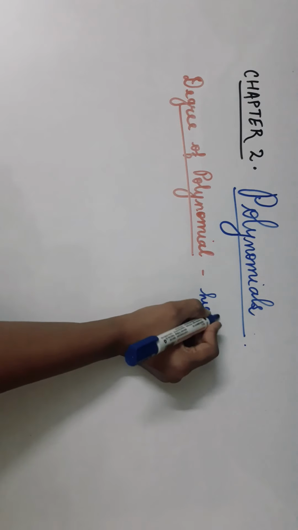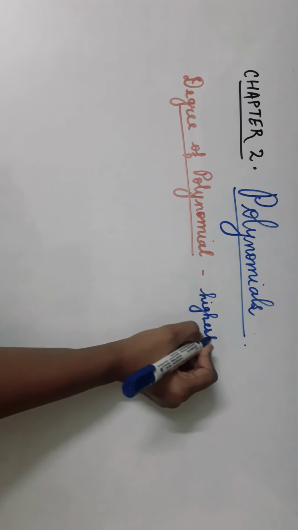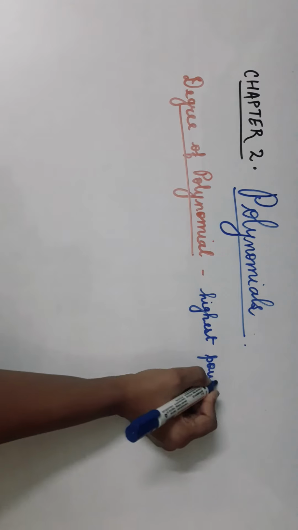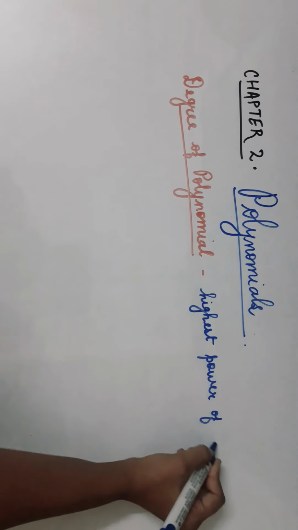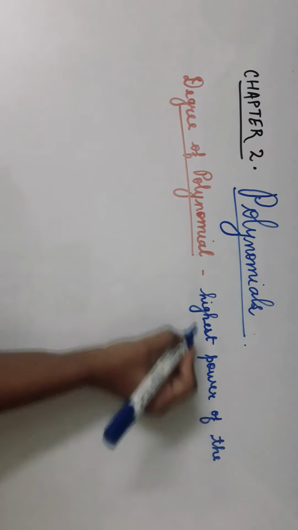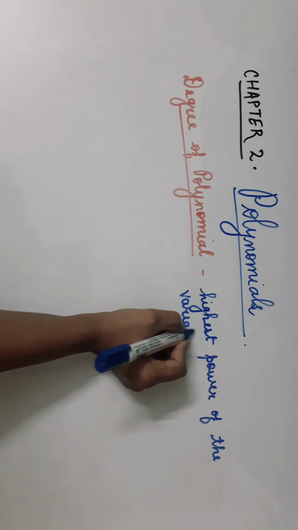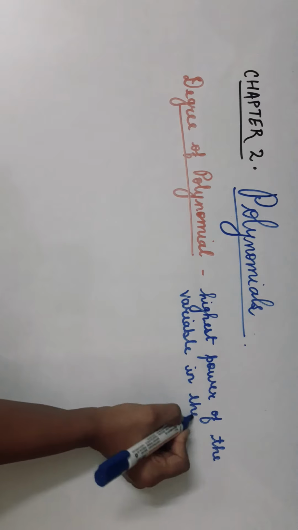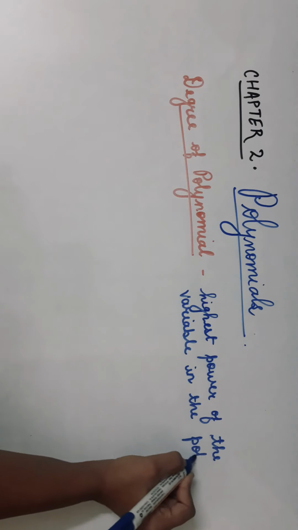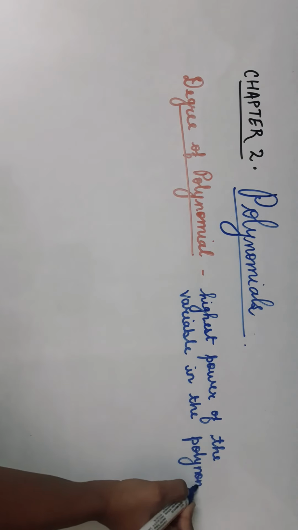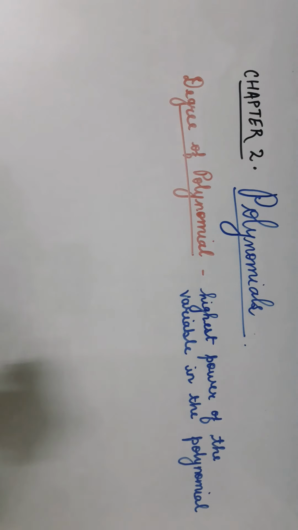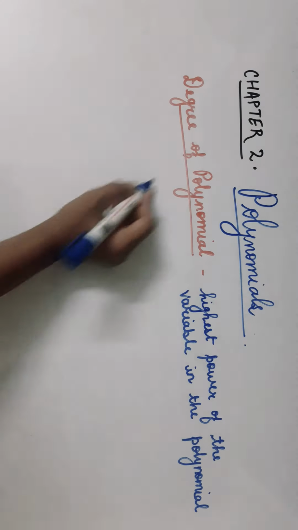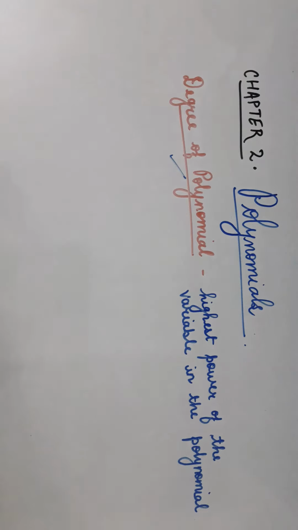Degree of polynomial is nothing but the highest power of the variable in the polynomial. Highest power of the variable in the polynomial is called the degree of that polynomial.